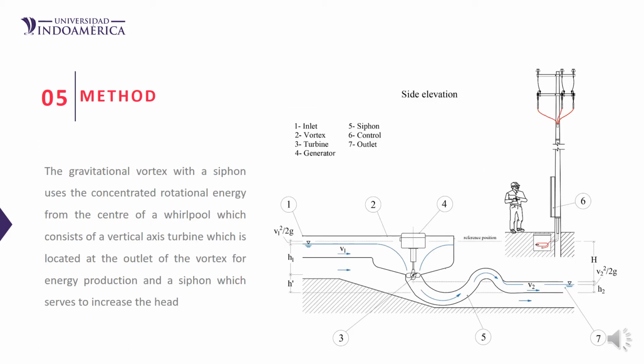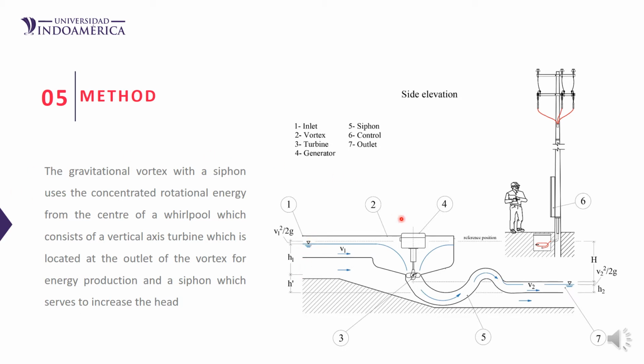The gravitational vortex with a siphon uses the concentrated rotational energy from the center of a whirlpool, which consists of a vertical axis turbine, which is located at the outlet of the vortex for the energy production, and a siphon which serves to increase the head.